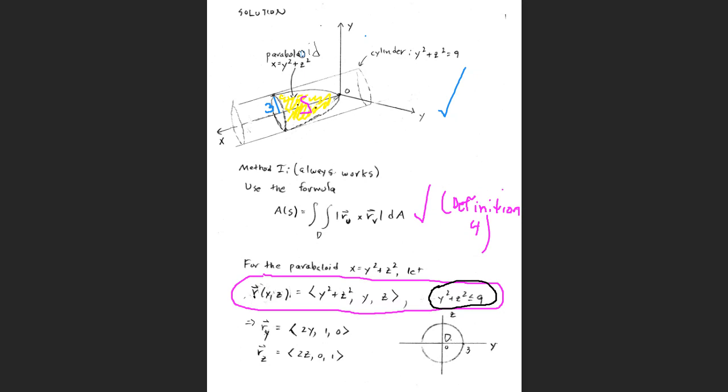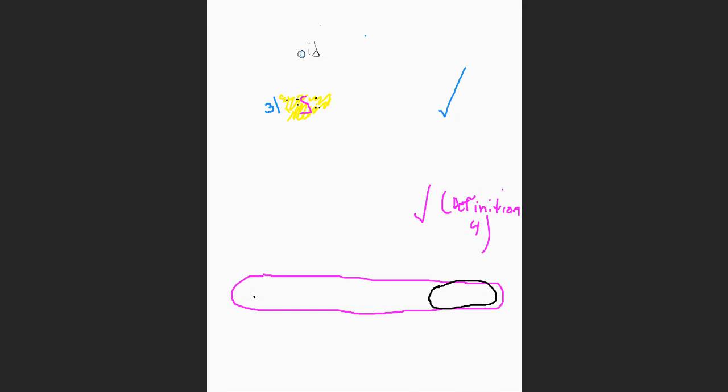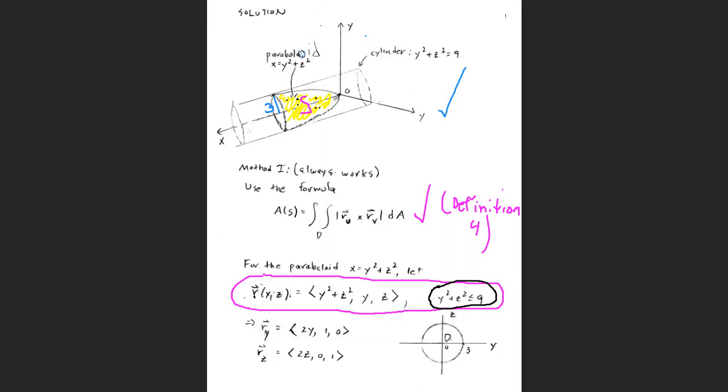And that's because any point on the surface, in terms of y and z, would fall inside this circle here, radius 3. And that circle of radius 3 is drawn right here for you.